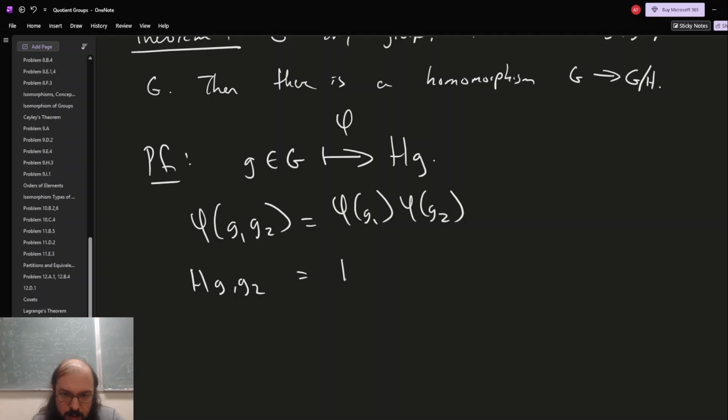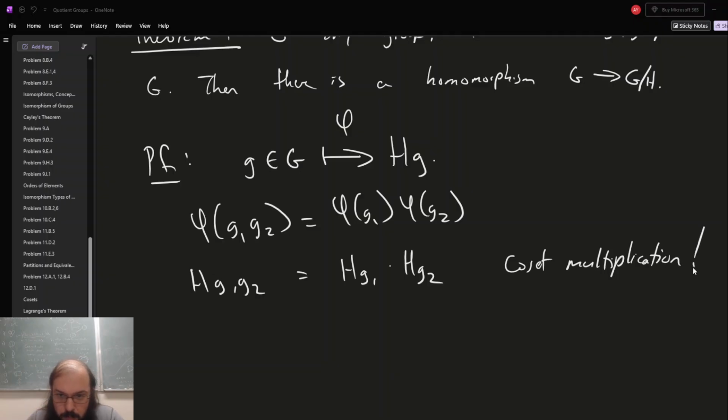And this is Hg1 times Hg2. But since H is normal, these two things are equal precisely because that is how coset multiplication works. And so there's actually nothing to check here.